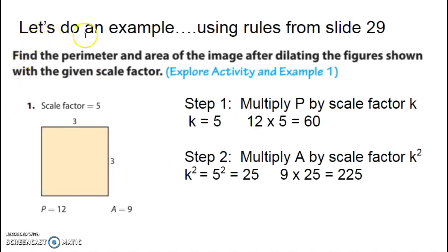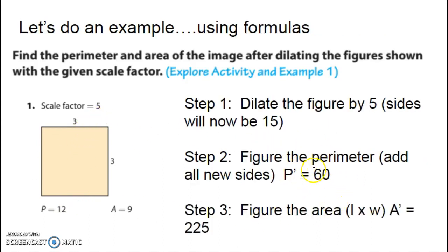Let's do an example using the rules from slide 29. Same question. Find the perimeter and area of an image after dilating the figures with the scale factor of 5. Here's step 1. Multiply the perimeter by the scale factor. So 12 times 5 is 60. See? It's the same as this one.